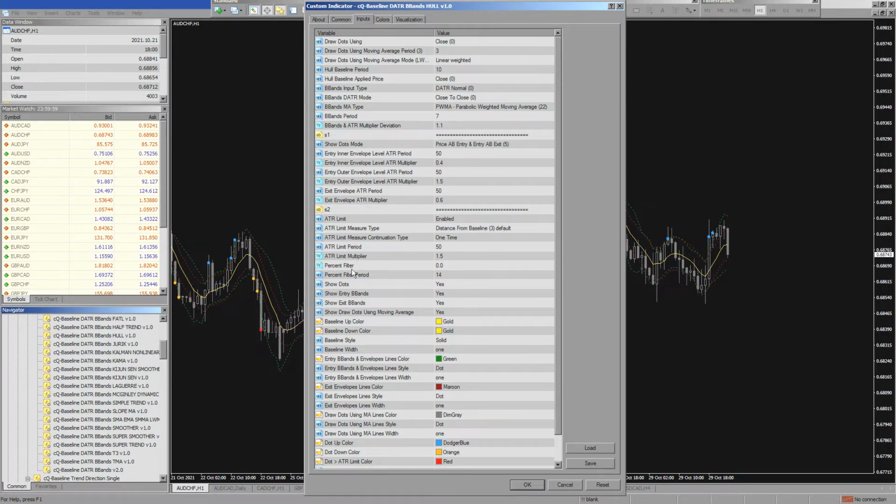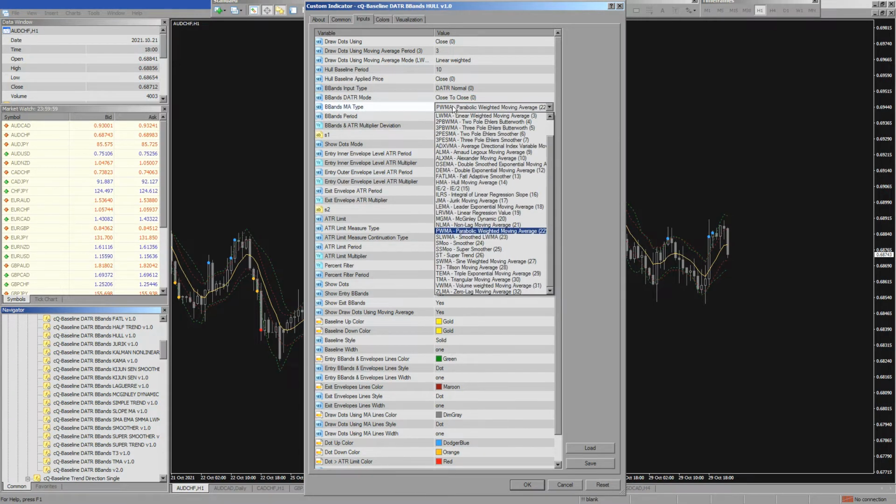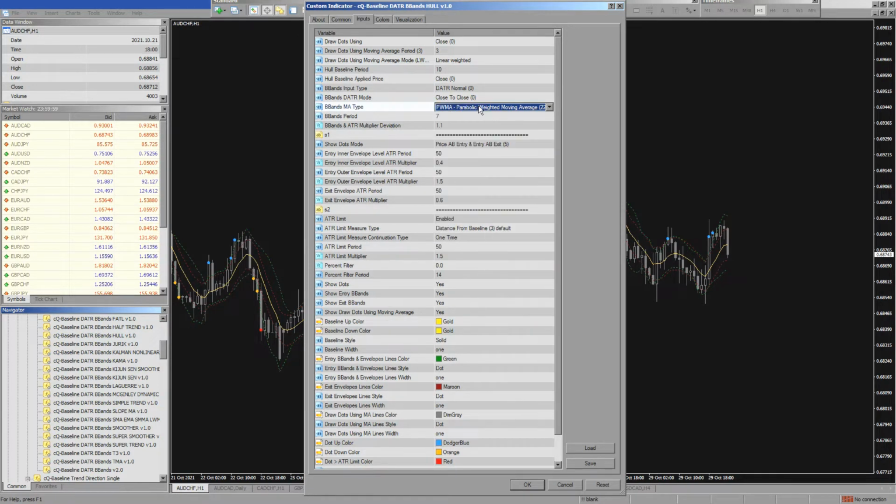I've taken a lot of them out. Each indicator only has one moving average for the baseline, and then all the ones for the B-bands, they're all set at their default values. You still get a wide variation without dealing with any of the moving average parameters.